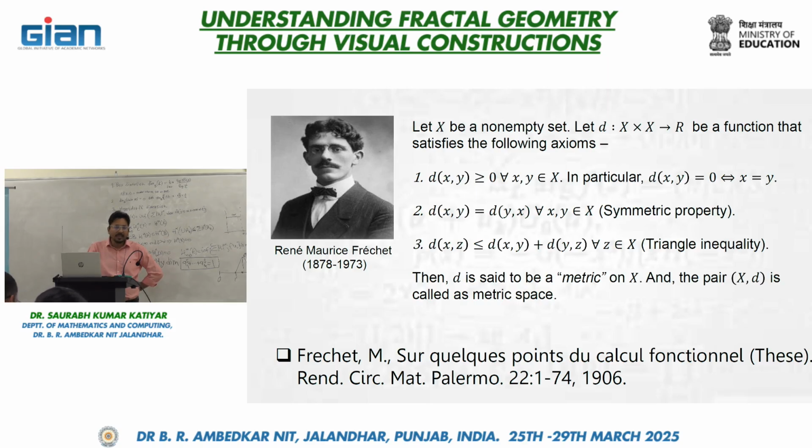The second property is symmetry, d of x comma y is equal to d of y comma x. The third property is the triangle inequality, d of x comma z is less than or equal to d of x comma y plus d of y comma z. Then this d is said to be a metric on X, and the pair X comma d is called a metric space. And you can see the reference by M. Frechet in 1906 for this metric and metric space.